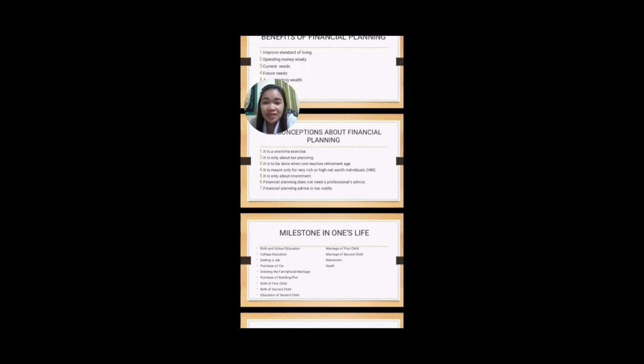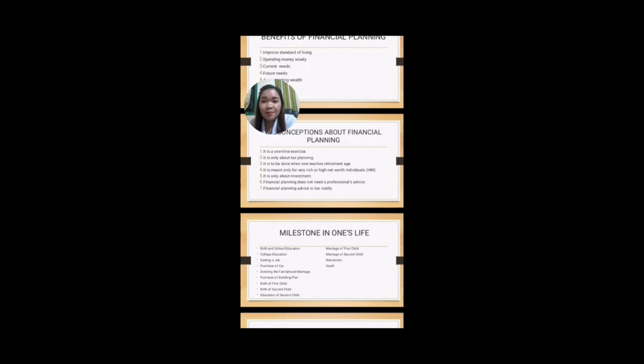Financial planning does not need a professional's advice. Financial planning is a specialized job. It requires deep knowledge in various areas: investment options, regulatory guidelines, legal aspects, and so on. This can be done only by a professional qualified financial planner.